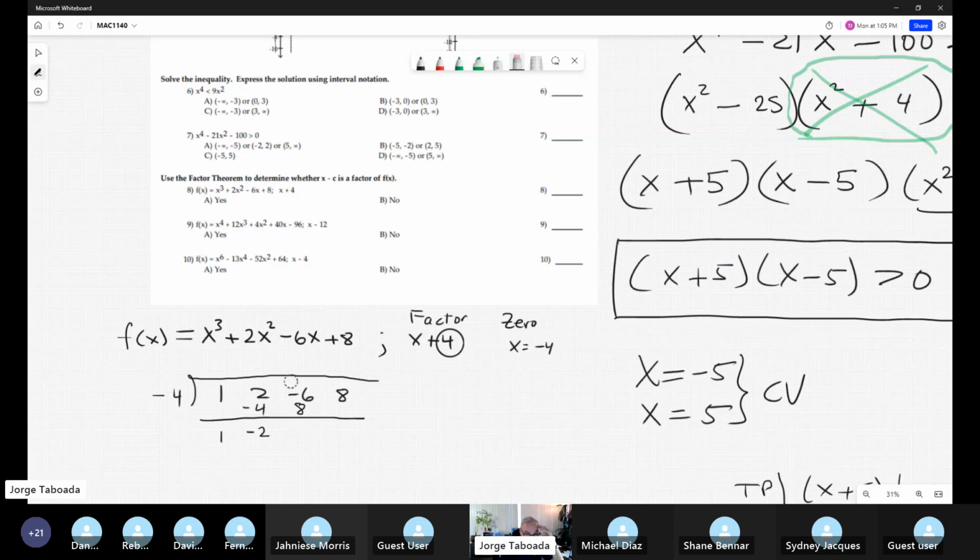Now you multiply +2 times -4, which is -8. Wow! I discovered that when you add in the last column, the remainder is 0. That means the factor x plus 4 belongs to the polynomial. Clear? The answer is yes. If the remainder were another number, not 0, the answer would be no.